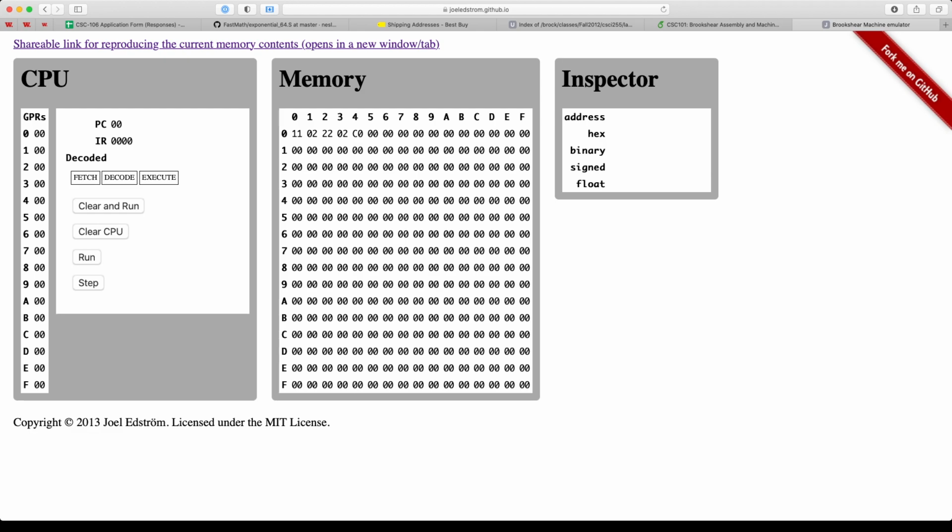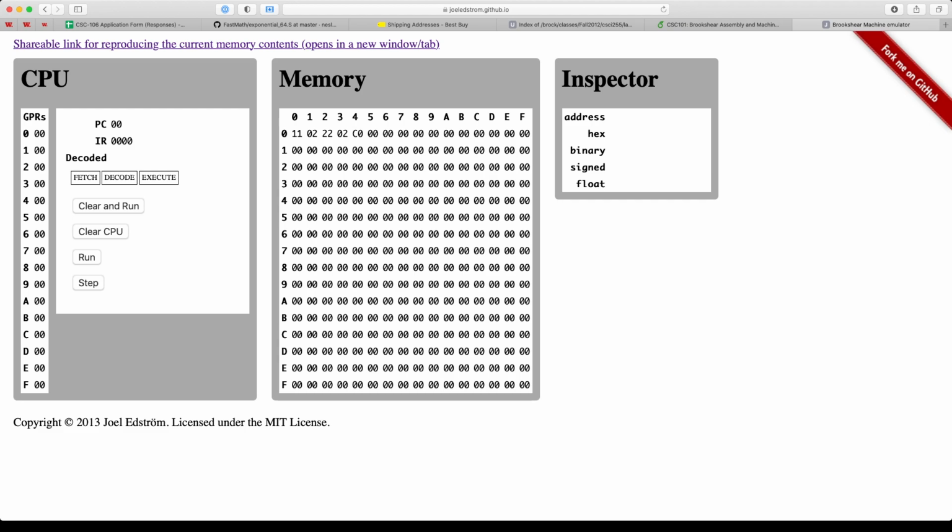That's PC in the CPU. 00. So the processor is going to load from memory the instruction that's found in memory addresses 00 and 01. The program counter points to where the next instruction is to be loaded from.